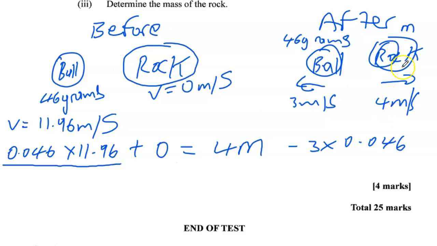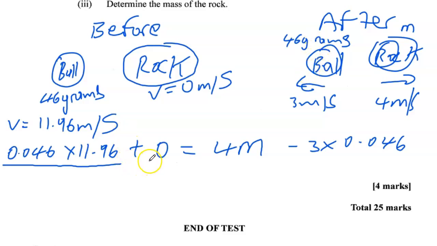For the ball, remember momentum is equal to mv, but v is in the opposite direction to the left, hence -3. And the mass is 0.046 kilograms.